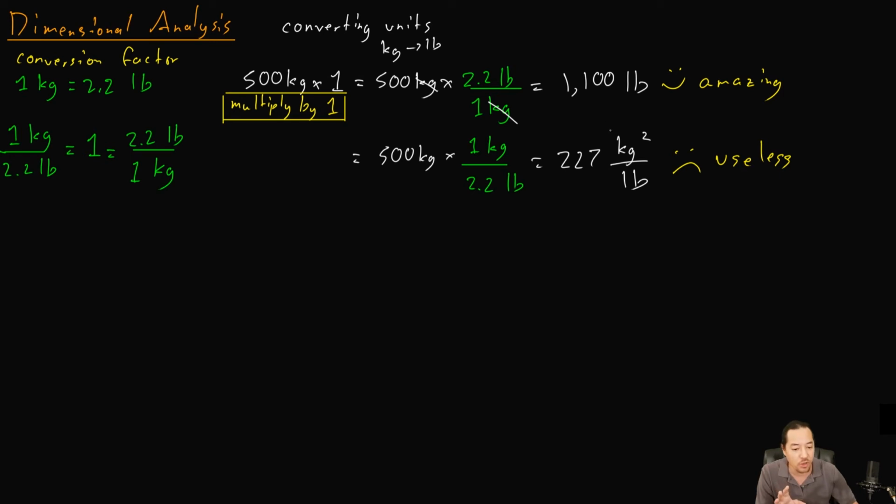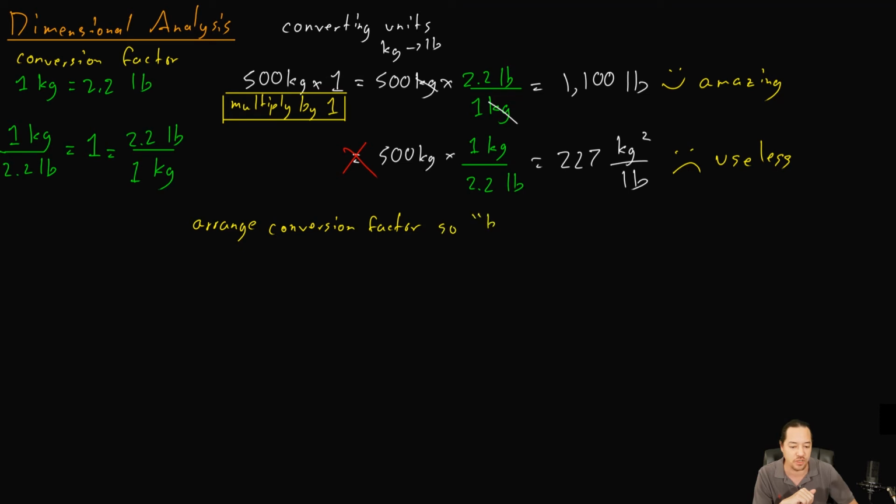So although these two results are mathematically equivalent, they are not equally useful. And so for that reason, we're not going to do it this way, and we're going to make a rule. The rule is that when we multiply by 1, when we plug in that conversion factor, we're going to arrange it in a certain way. We want to arrange our conversion factor.